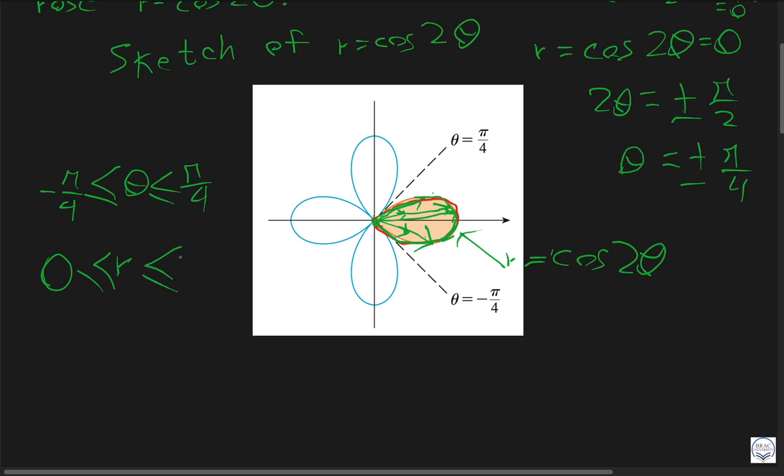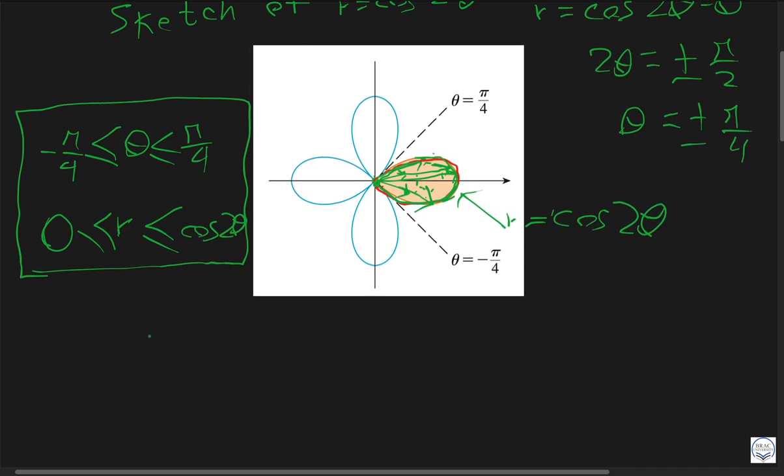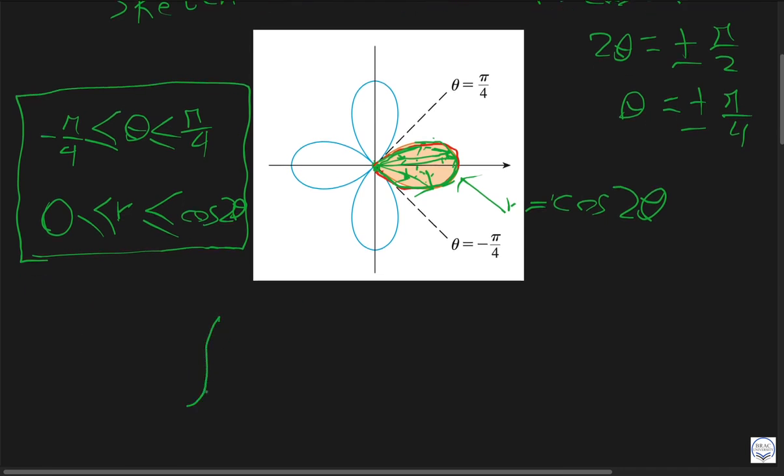So then we write this down, cos 2 theta. So this means r is bounded within 0 to cos 2 theta. All the points in this region will always satisfy this relationship, also the angular relationship, and this gives us our limits. The r limits start from 0 and are bounded by this curve, right?